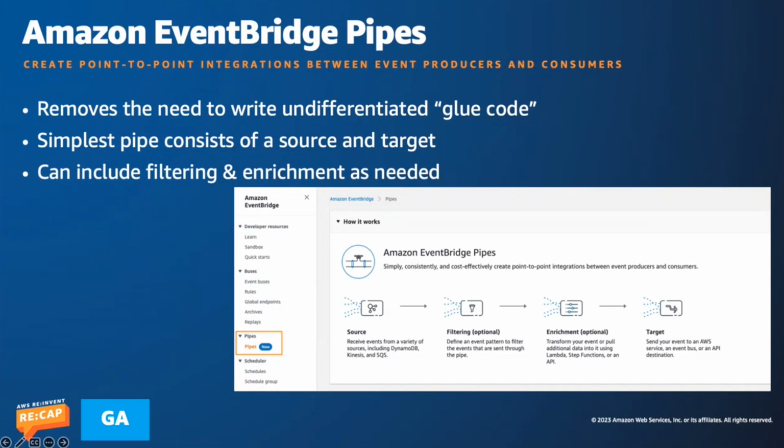Pretty much you can just identify where your event sources are. For example, you may have DynamoDB, Kinesis, SQS, and then you may apply some filter to those events to select those messages that you want to handle and process.